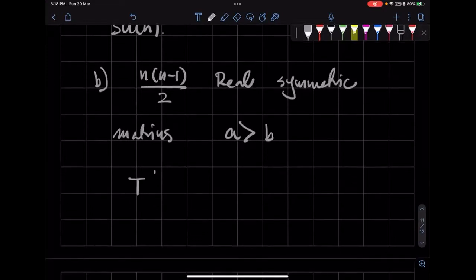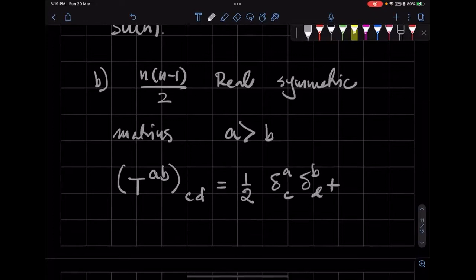So T^{ab}, where a is always greater than b. So a and b can take values from 1 to n, but a has to be greater than b, so we don't overcount. So the cd element of this matrix is half delta_{ac} delta_{bd} plus delta_{ad} delta_{bc}.